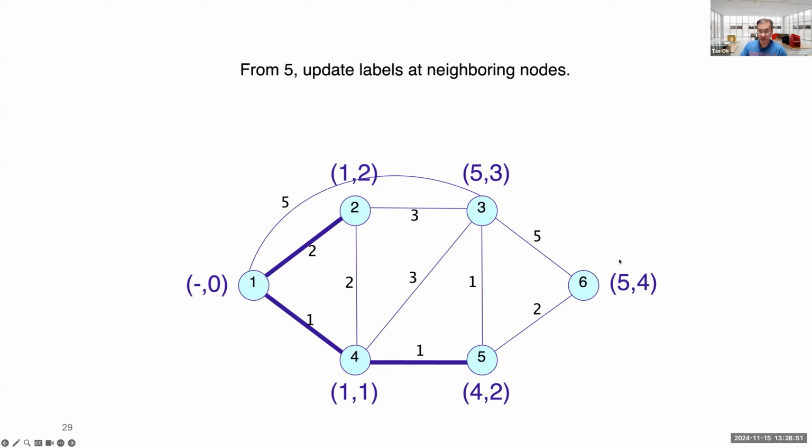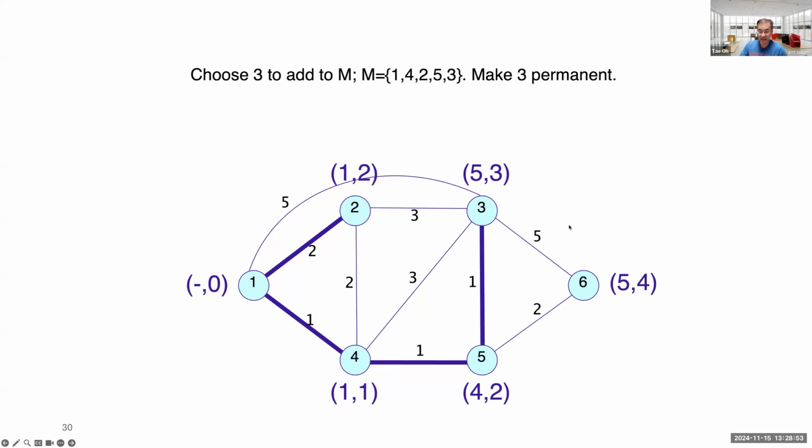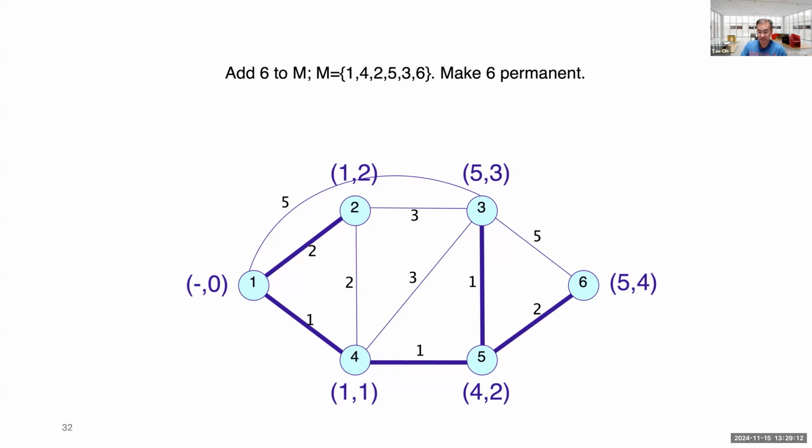So that's where we left off. So you add this one, you evaluate this one, you can evaluate this one. This is shown as 3. The 3 makes it permanent. Now the next step, update the label at node 6.